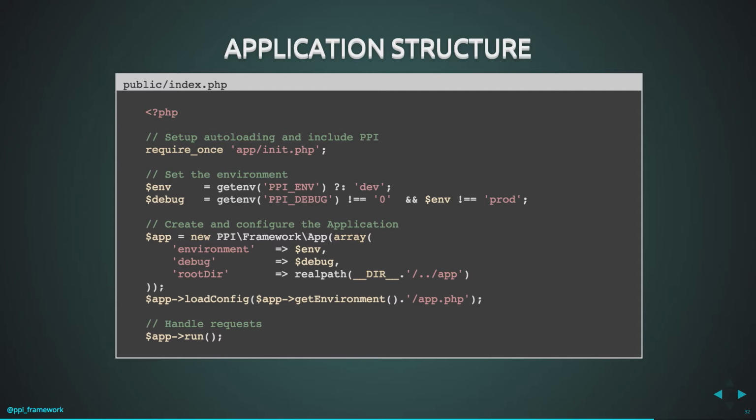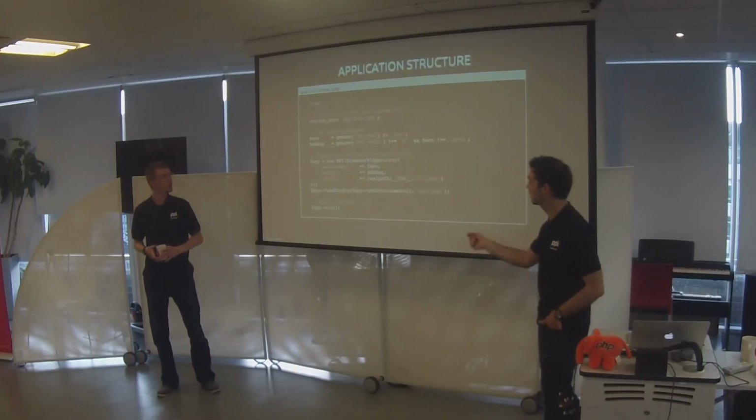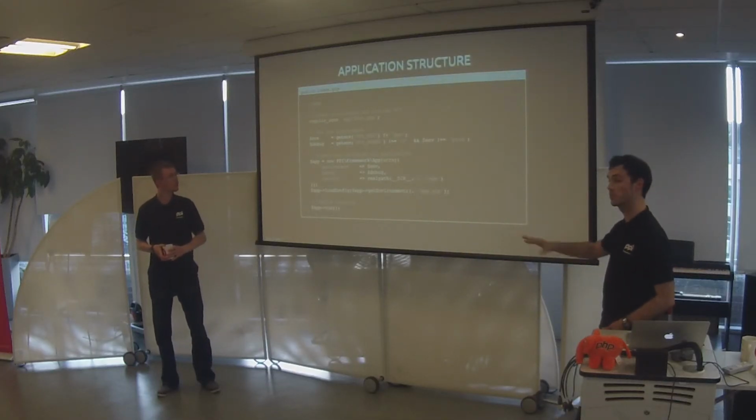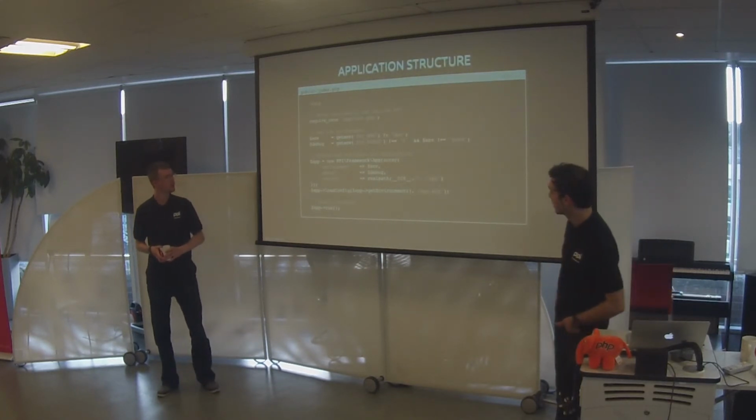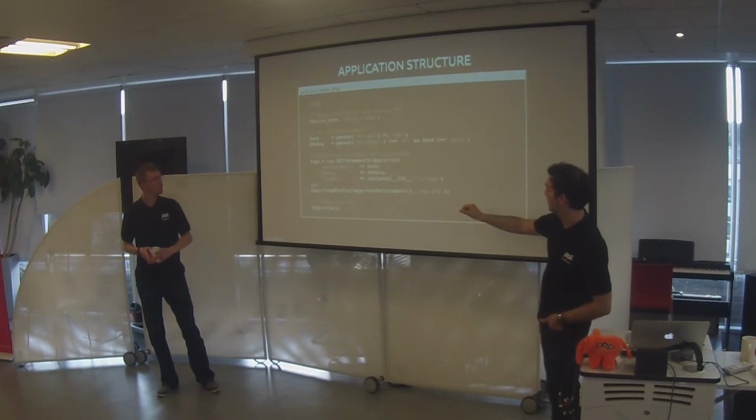So this is our front controller. We make use of Composer, obviously, by using init.php for autoloading. And then you have the ability to configure your environment. So we are passing to our app, which is the application, our kernel, environments, where you can enable or disable debug to control your stack traces.